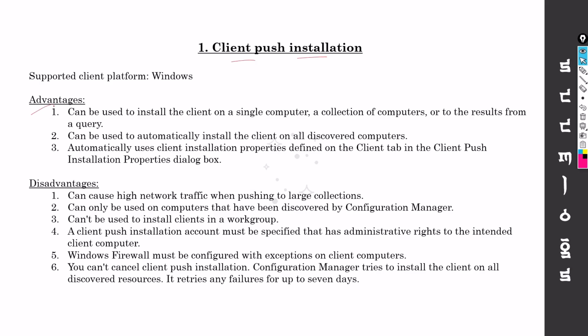The advantages: it can be used to install the client on a single computer, a collection of computers, or the results from a query. It can be used to automatically install the client on all discovered computers, and automatically uses client installation properties defined on the Client tab in the Client Push Installation Properties dialog box. It is available in the Sites in the Administration section. We'll discuss it later.